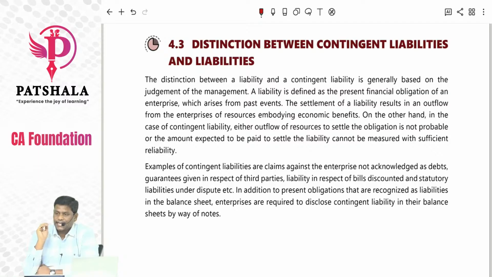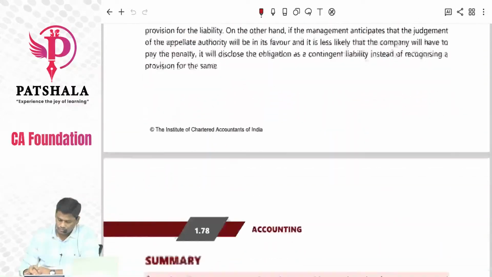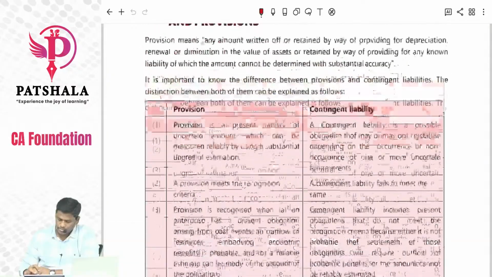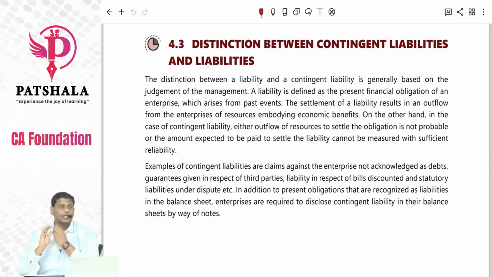Contingent liability and liability. See, now you know what is contingent liability and you know what is liability also. Now can you tell me the difference between contingent liability and a liability?